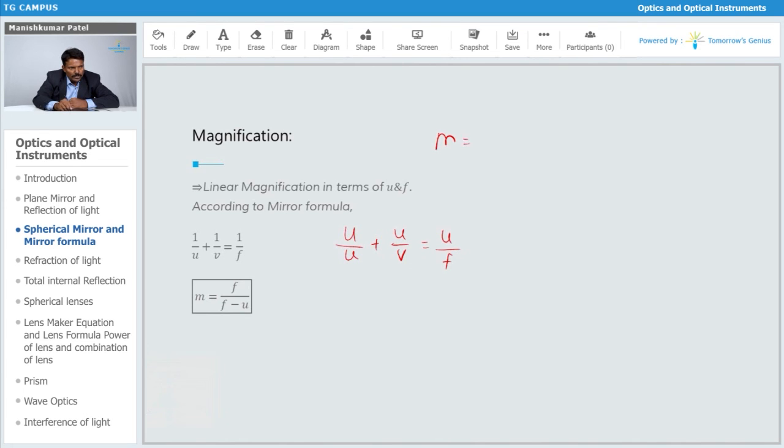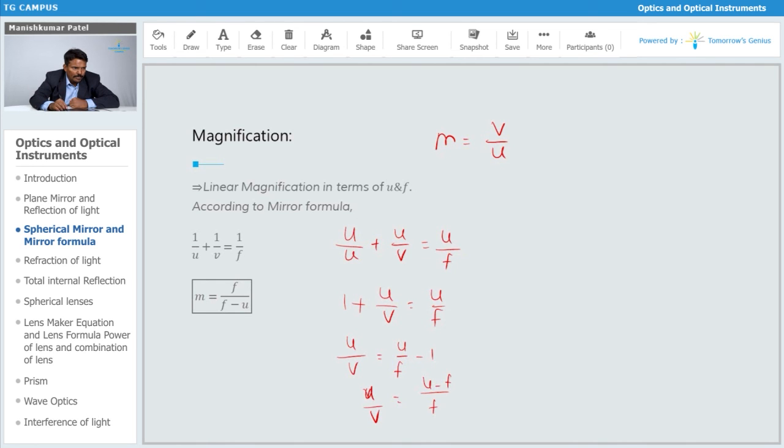We know m is minus v upon u, as we have just seen. So this is 1 plus u/v equals u/f. Further, u/v is u/f minus 1, then this is (u minus f) upon f, and this is u upon v.